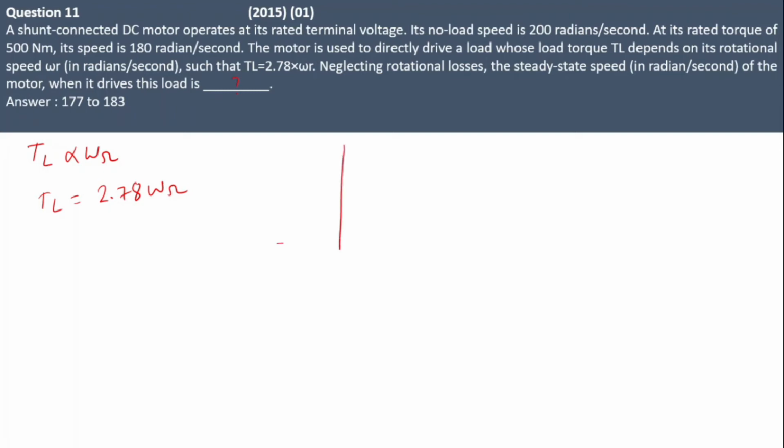so this numerical is from the torque speed characteristics. This is torque T, this is speed omega, the torque speed characteristics. So they have given one simple relationship of load torque, equation number 1.